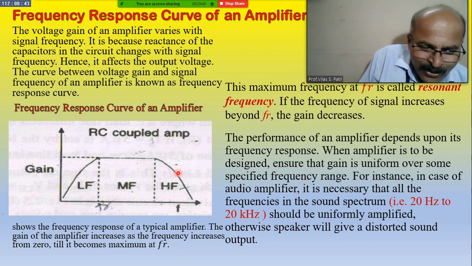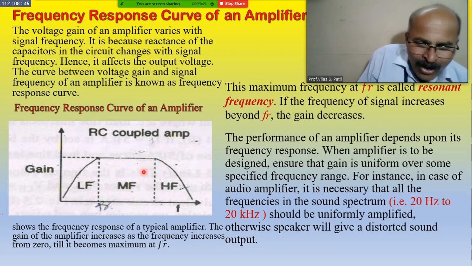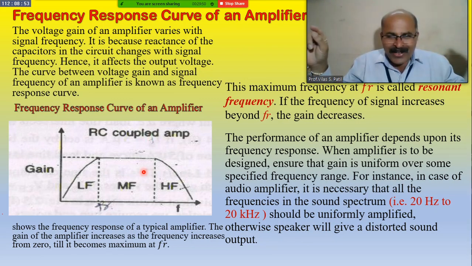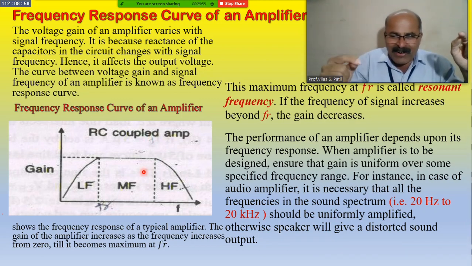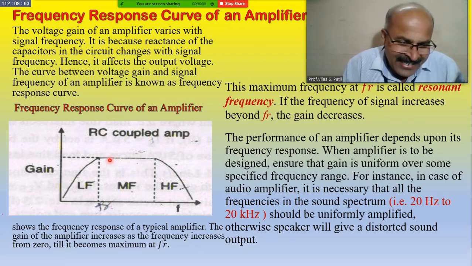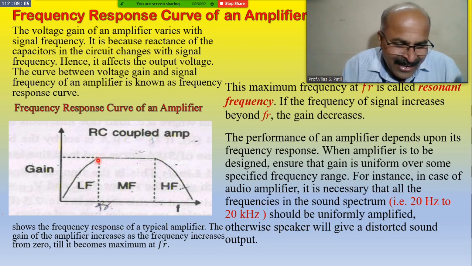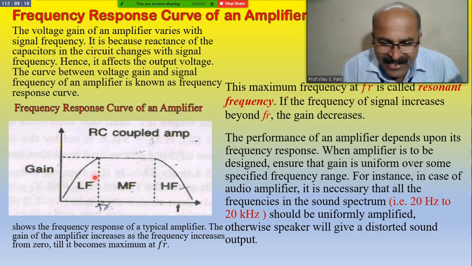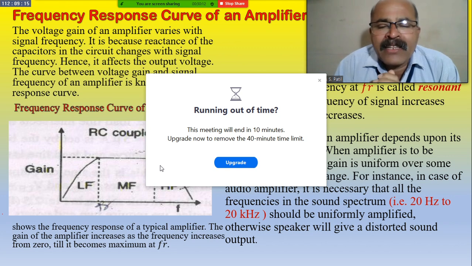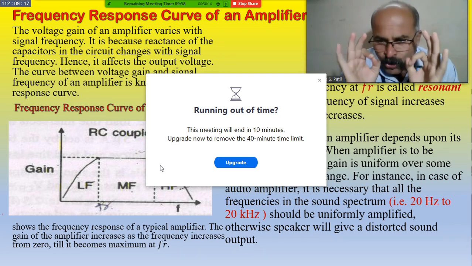Means that for the wide range of the frequency band from 20 hertz to 20 kilohertz, the magnitude of the gain, that is the ratio of the output voltage divided by input voltage, will be constant. See here, that is the gain, it will be constant in this spectrum band. And this is very highly useful.